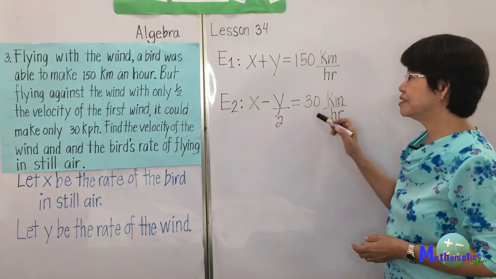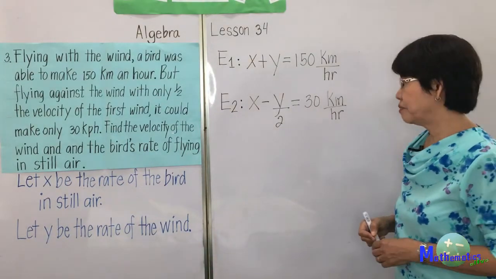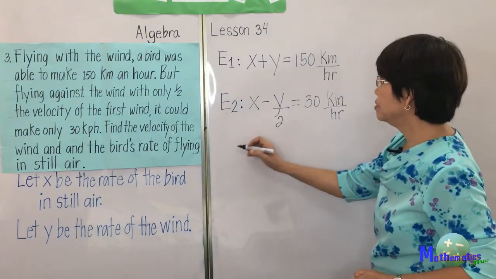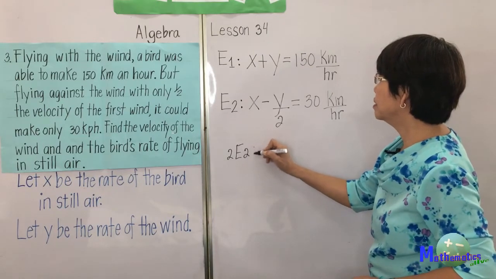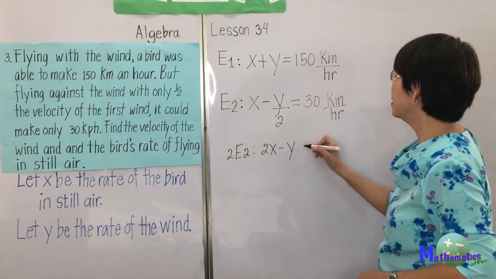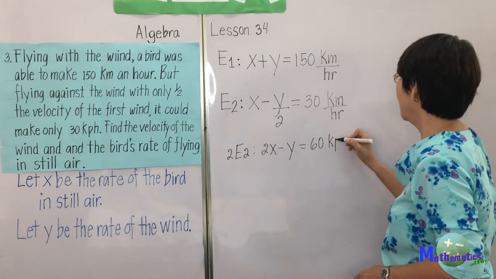And then we will simplify equation 2 to remove the denominator. We will multiply by 2. So 2 times equation 2 is equal to 2x minus y is equal to 60 kph.